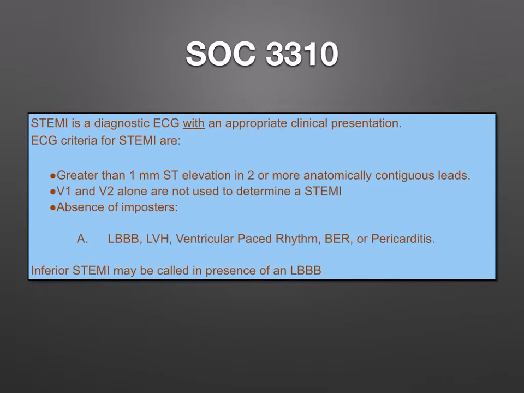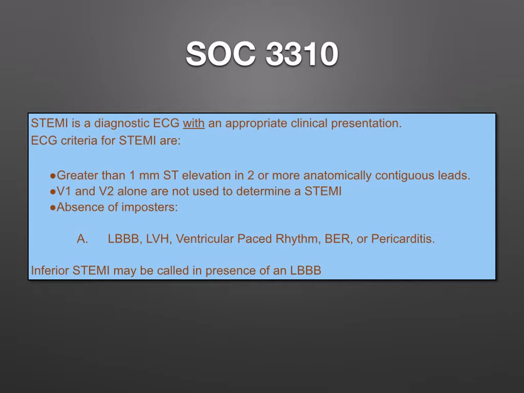So, again, an infarct imposter or a STEMI imposter is something that mimics ST segment elevation. We can't call a STEMI in the presence of that imposter because we can't say that the elevation is from the patient's myocardial ischemia or whether it's from the imposter. We can, however, call a STEMI, again assuming the presence of the appropriate clinical presentation, if there is no imposter.